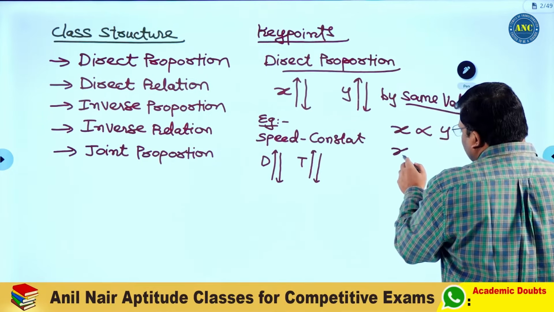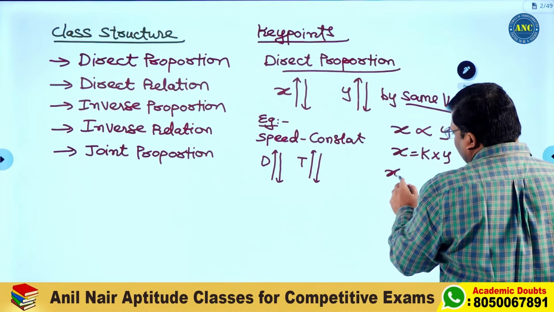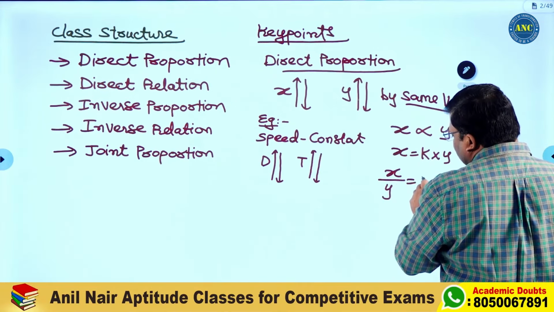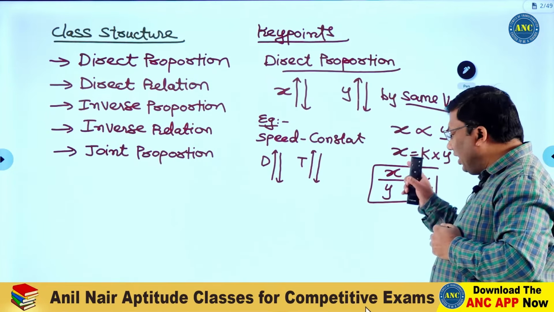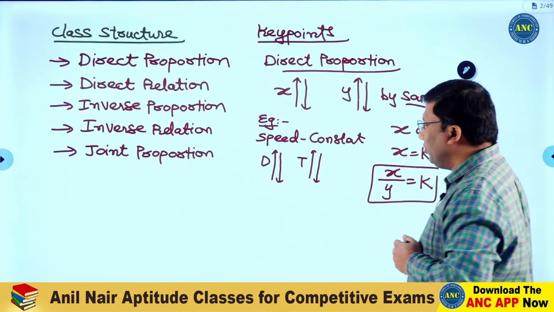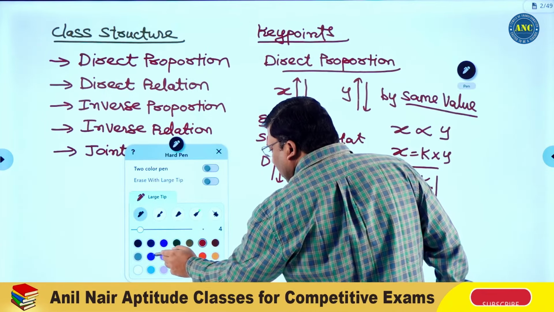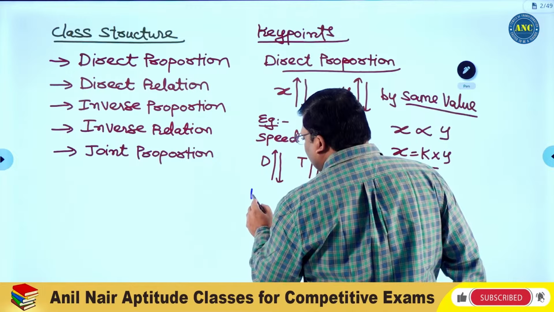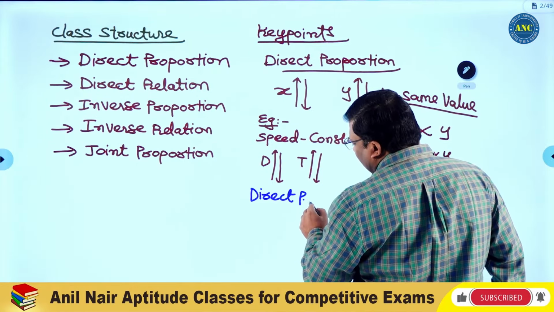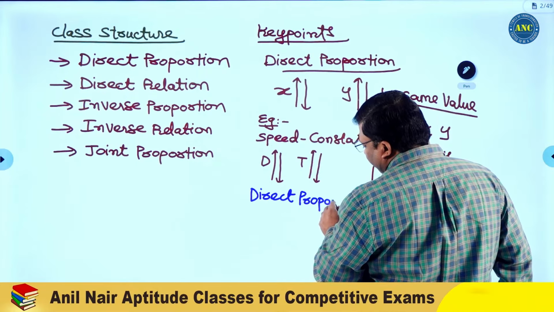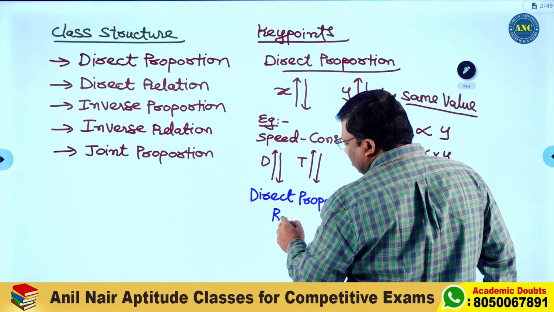If I remove the proportionality sign, this will be x equals k into y. So x by y is equivalent to k. X by y is a ratio. Very important in direct proportion: what is constant? Ratio is constant. In direct proportion, ratio is constant.